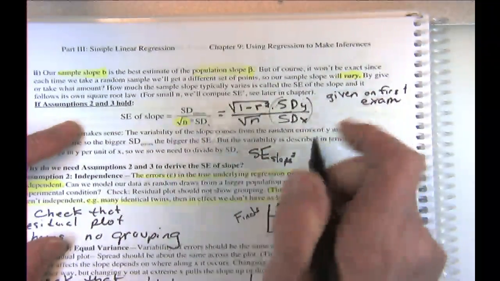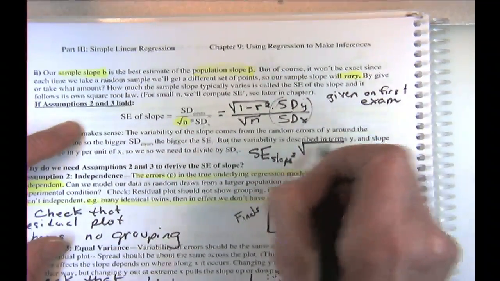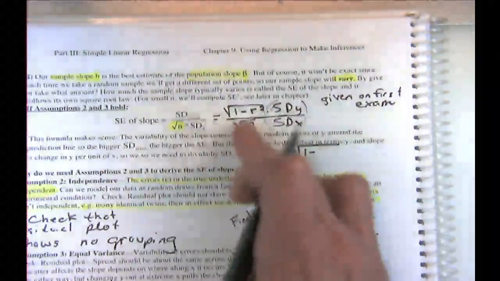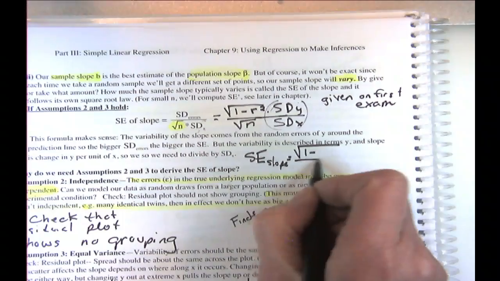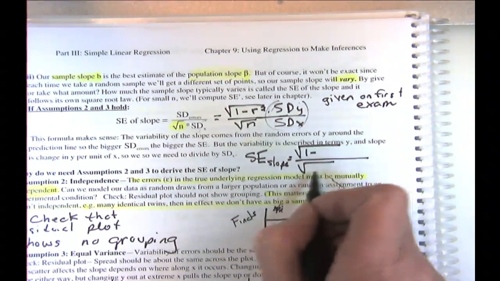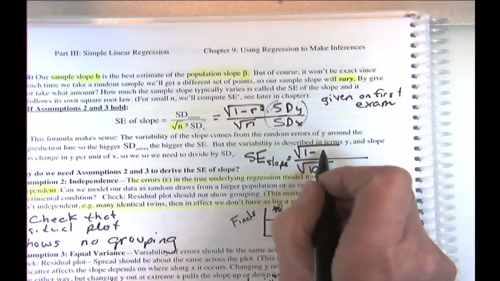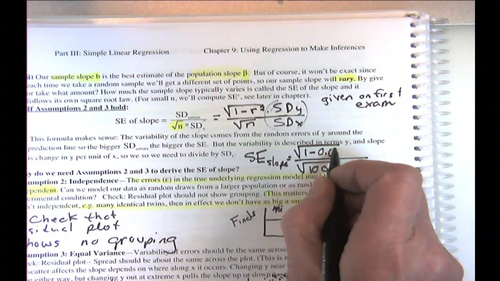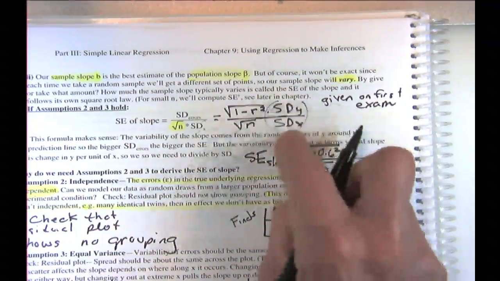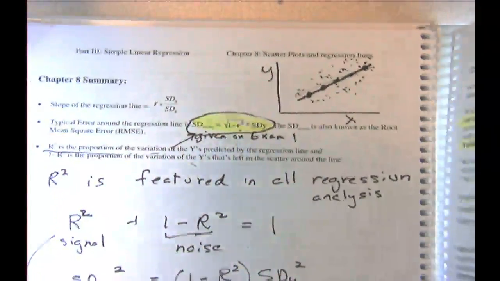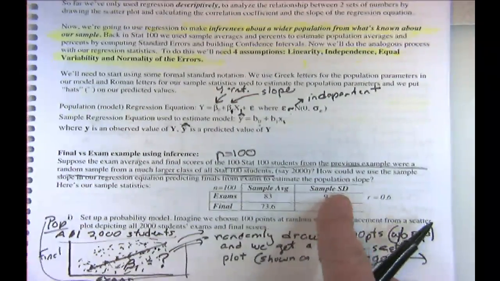It's the square root of 1 minus, now we're going to have to go back to the previous page for all these statistics. The only one we know here is that n is 100. But 1 minus, I remember it was 0.6 squared. And then we have the ratio of those standard deviations. We did that before: 10.3 over 9.2.